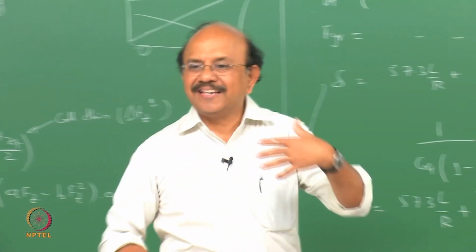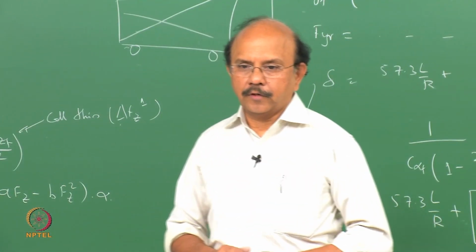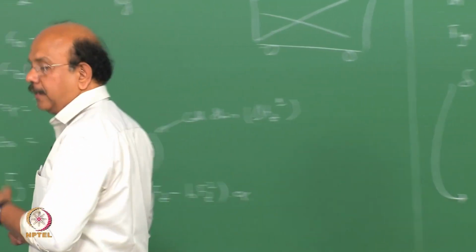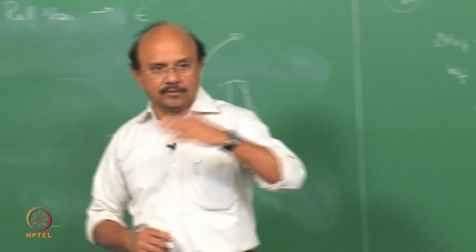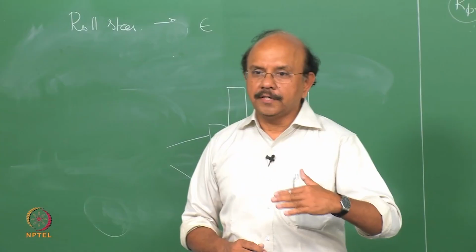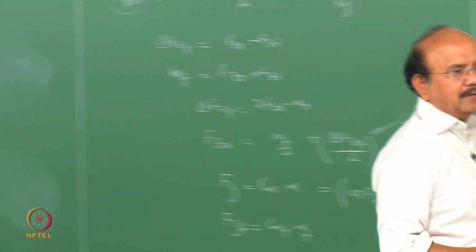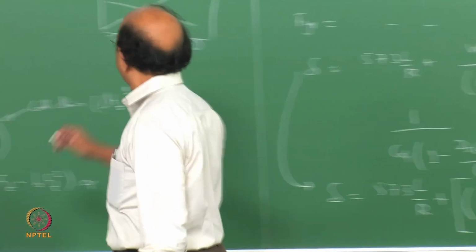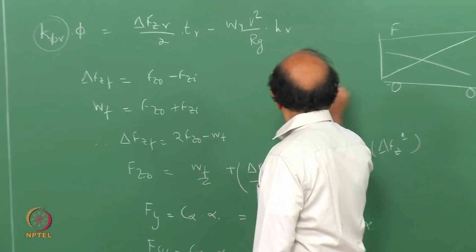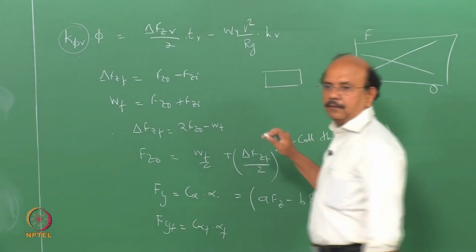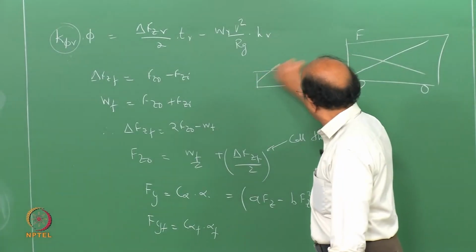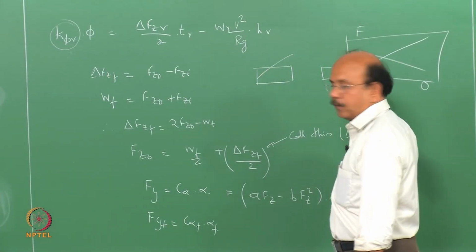Interestingly, look at the rear now. If you understand how that rear turning is, suppose you have a rear steered vehicle, that's the rear, that's the front, you would actually turn it the other way.